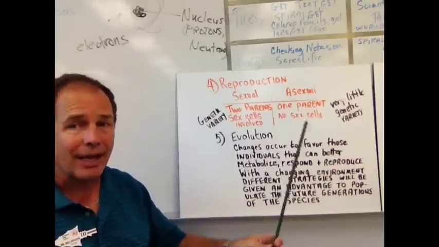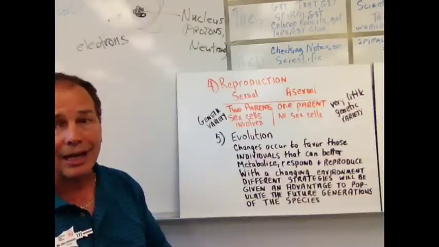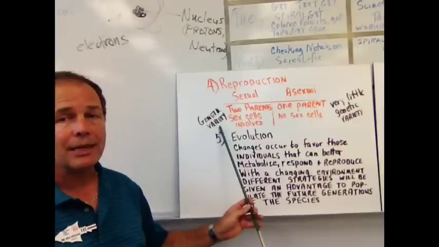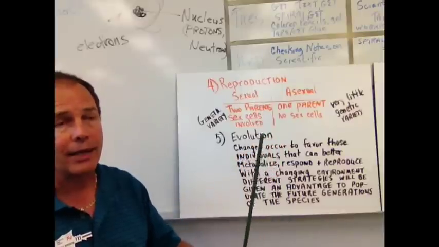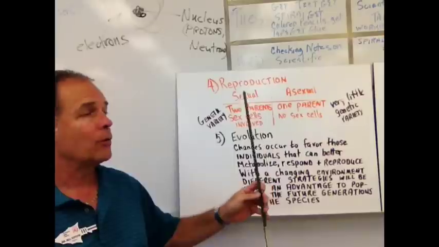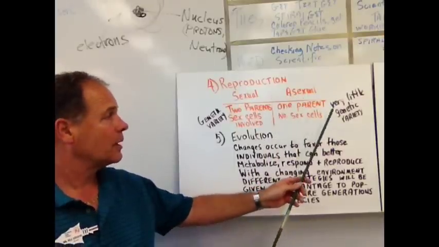Who's got a better advantage of maintaining a population of individuals over time? It is believed to be the sexual side because of the genetic variety occurs in a greater spectrum. You'll have greater genetic variety. Therefore, as the environment changes, there will be some in your population that will have an advantage.